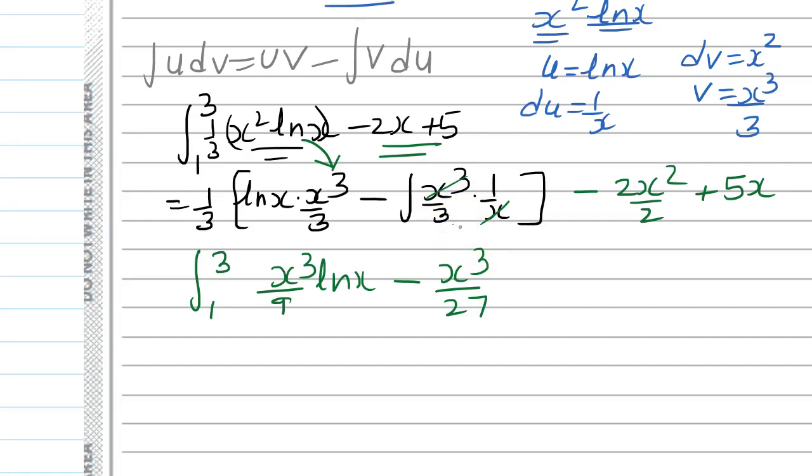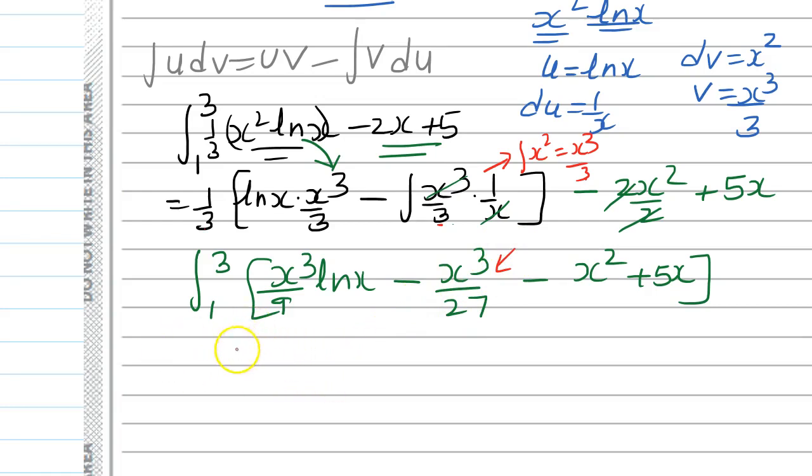It will be x square and x cube over 3, so it will be x cube over 27, right? And this is minus x square plus 5x. Yeah, this is what we got. Make sure that here 1 x cancels, so integration of x square will be x cubed over 3. That 3 times 3 is 9 and 9 times 3 is 27. That's why we have written here x cubed over 27.